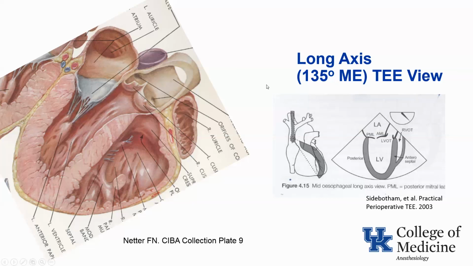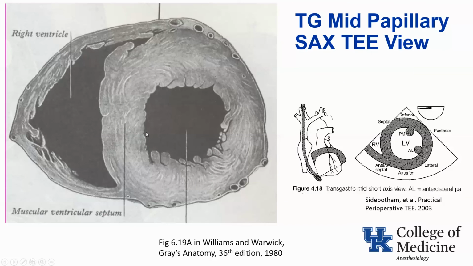So we see the left atrium, the mitral valve, the left ventricle, the outflow tract of the left ventricle, the aortic valve, and a little bit of the right ventricle, with the anterior interventricular septum here. And finally, this is the short axis mid-papillary transesophageal view of the two ventricles.